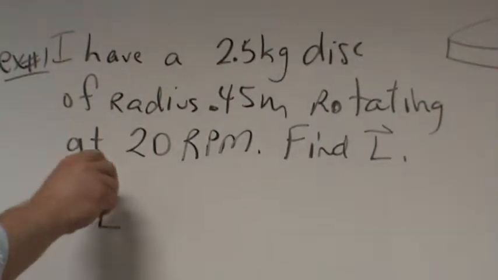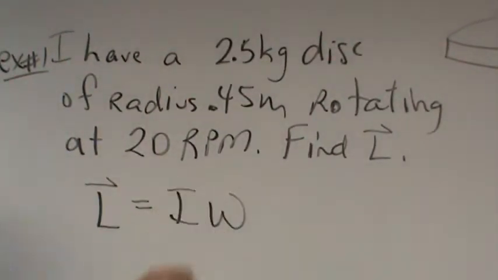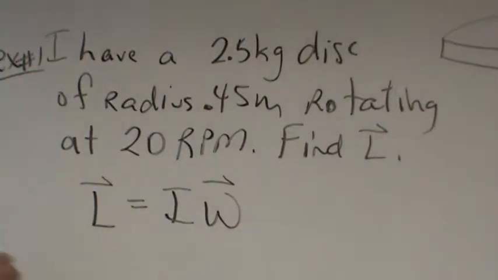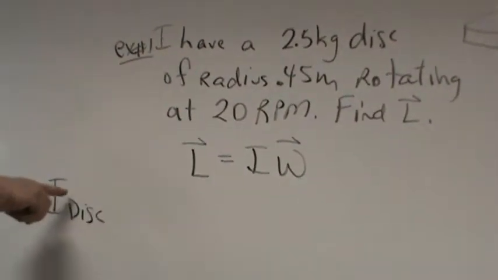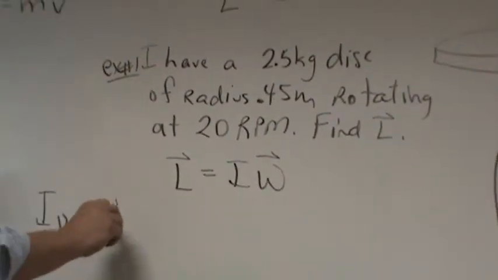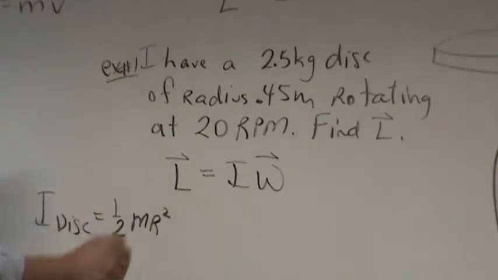Well, obviously we're going to start off with angular momentum equals I omega. Tell me, does anyone remember what the formula for the rotational inertia of a disk is? We saw it yesterday. Good for you guys. So please use that. The rotational inertia of a disk is given by the formula 1/2 mr squared.